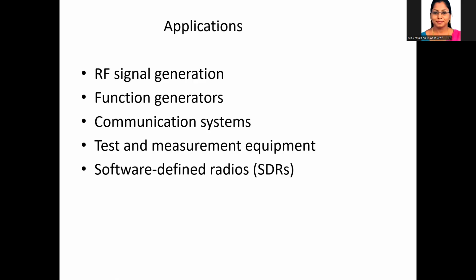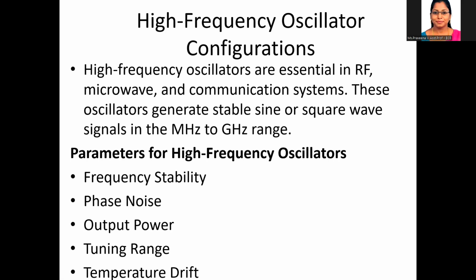The main applications are RF signal generation for wireless communication, function generators, and communication systems requiring very fast frequency switching, test and measurement equipment for accurate signal creation, and software defined radios.